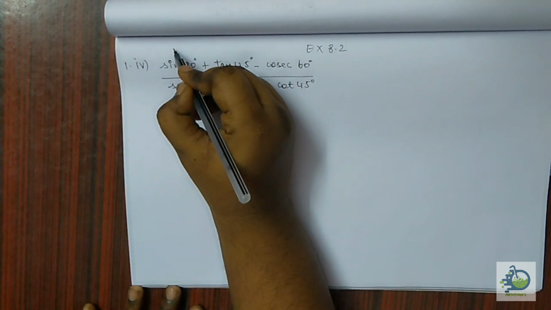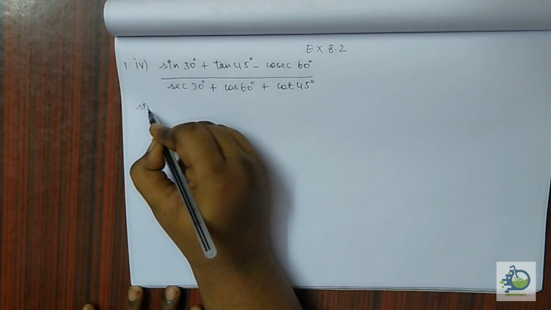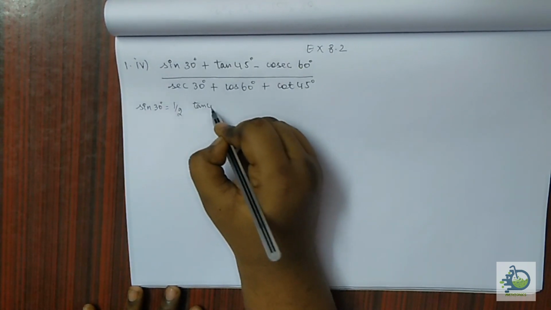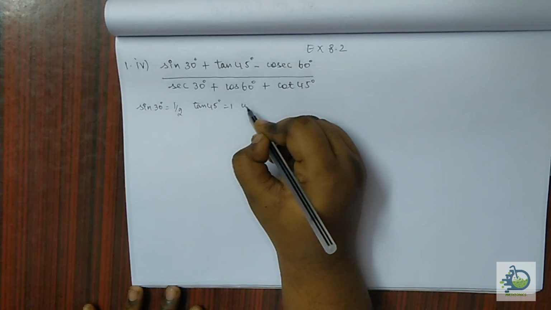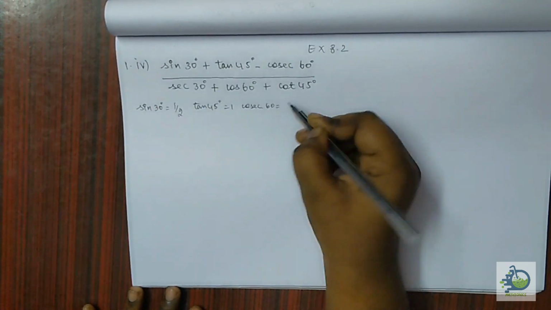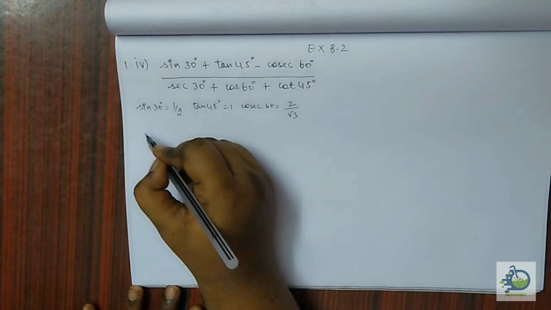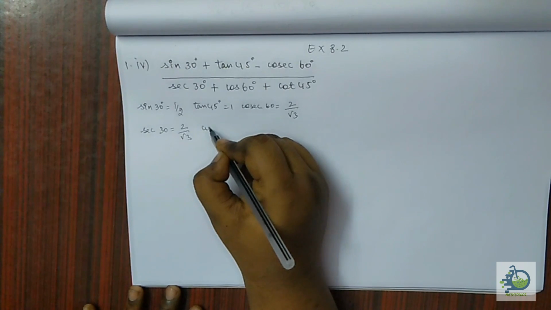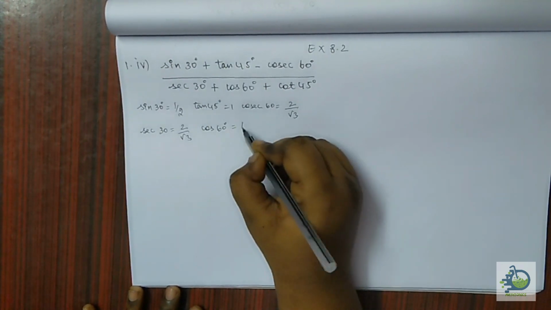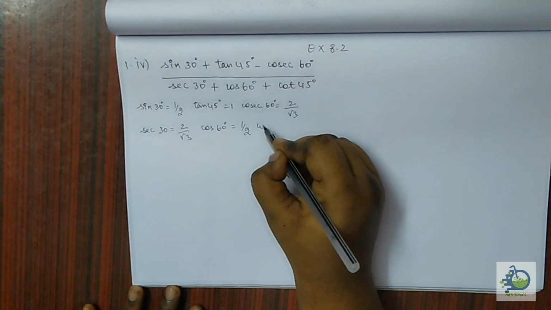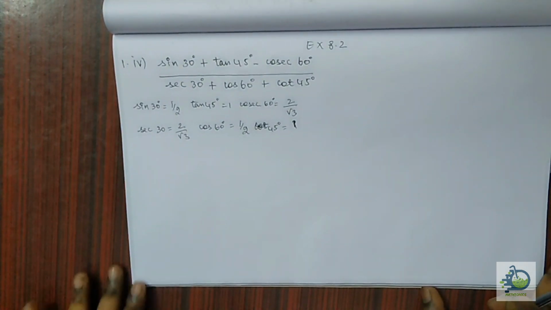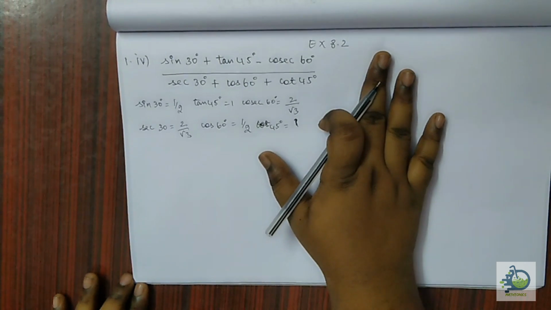We know that sine 30 is 1 by 2, tan 45 is 1, cosecant 60 is 2 by root 3, secant 30 is 2 by root 3, cos 60 is 1 by 2, cot 45 is equal to 1.